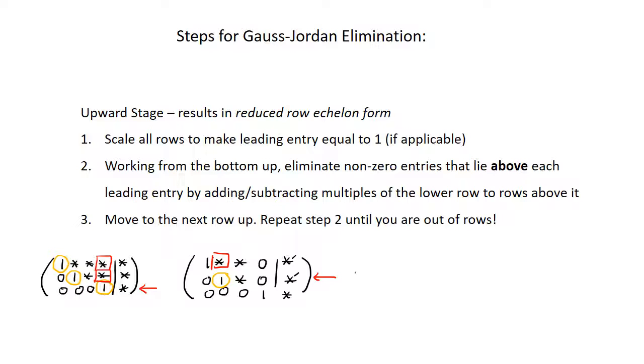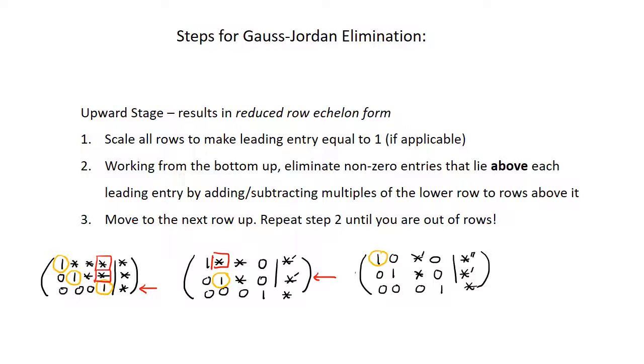And this will put us in this form. We're going to consider this done when we are out of rows. So we arrive at this leading entry, and there's nothing above us, so we can't continue.